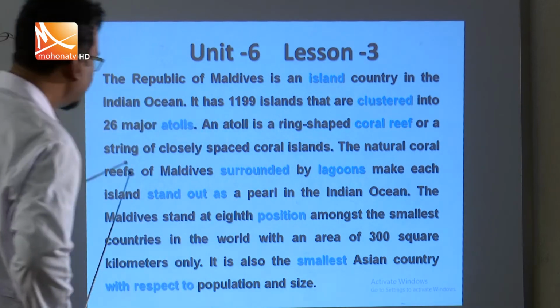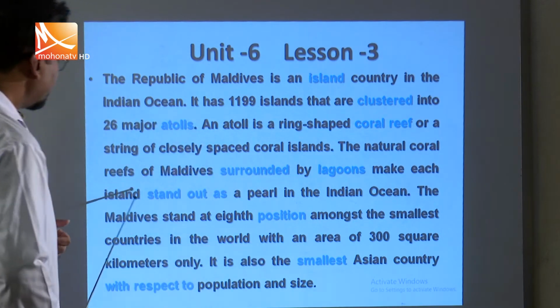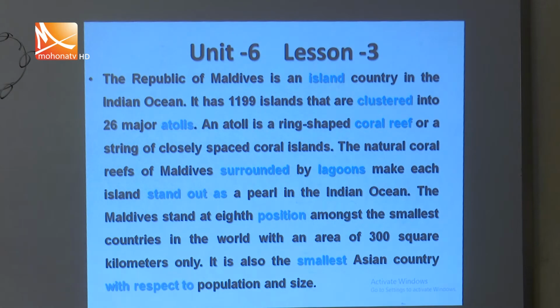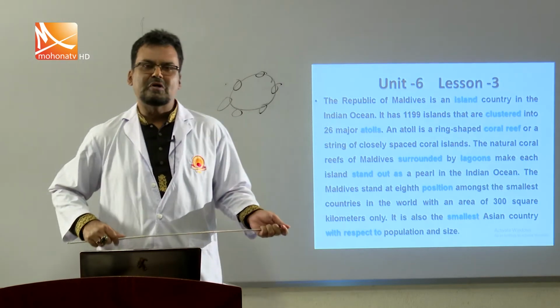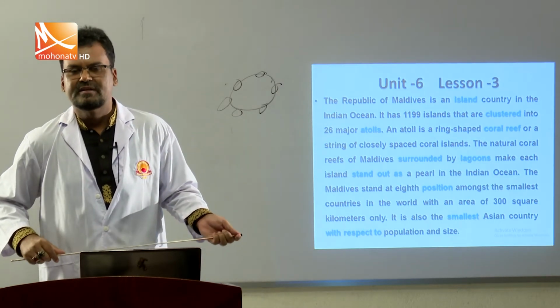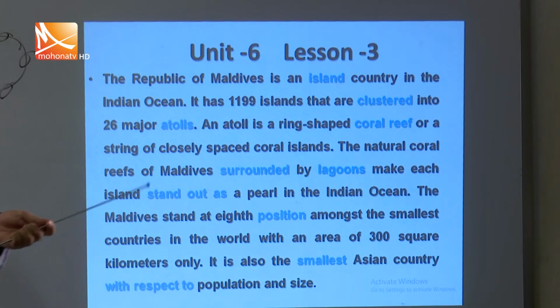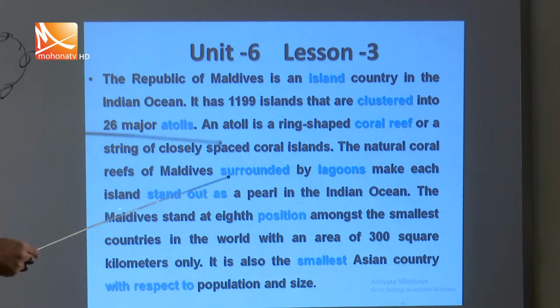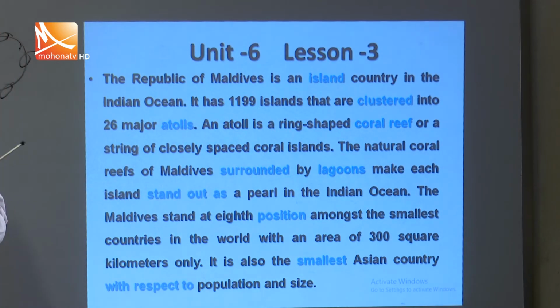The natural coral reefs of Maldives, surrounded by lagoons, make each island stand out as a pearl in the Indian Ocean. So these natural coral reefs, you will also find in our Saint Martin Island.